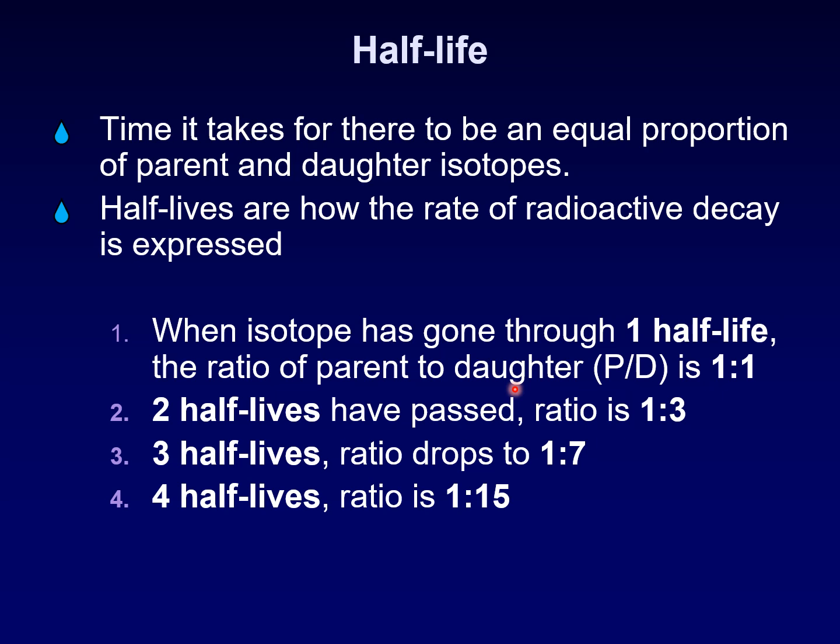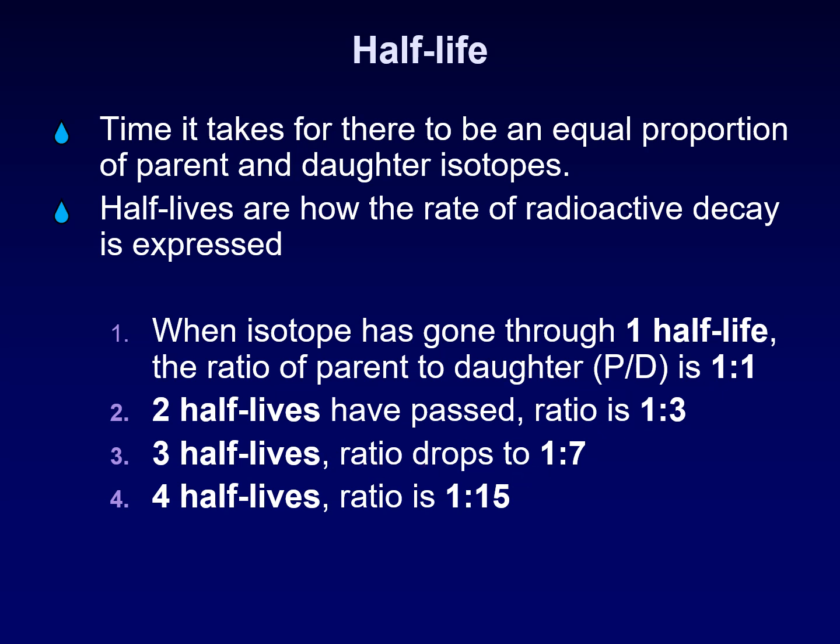After two half-lives, of the parent-daughter ratio of 1 to 1, half of that parent has now decayed to daughter. And so now you have a ratio of 1 to 3. And then after three half-lives, half of that parent again has decayed. And so now you have a ratio of 1 to 7. And then after four half-lives, you have a ratio of 1 to 15. Well, what the heck does that look like?